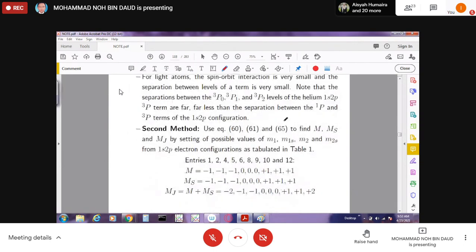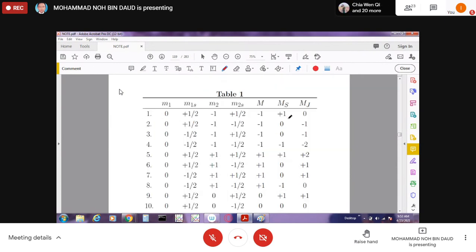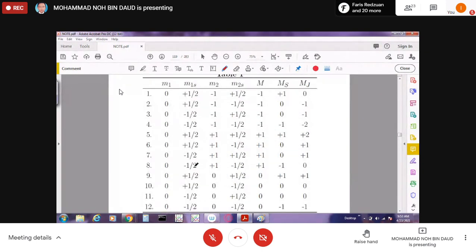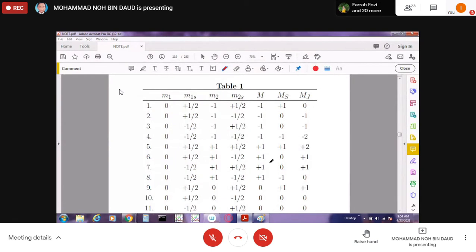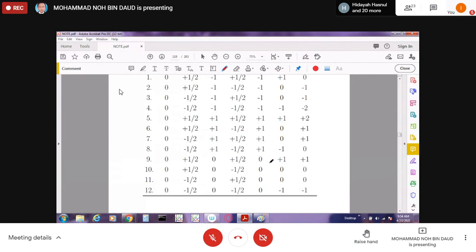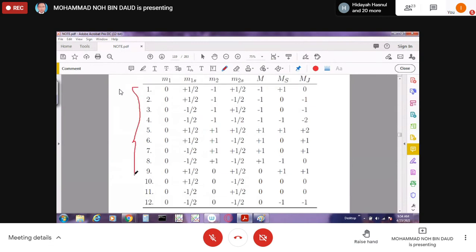Okay. In these examples we use 1S 2P. You also can use an approach using tables. You can tabulate here all the combinations of quantum numbers, all possible quantum numbers. You get these 12 rows of different combinations of quantum numbers.